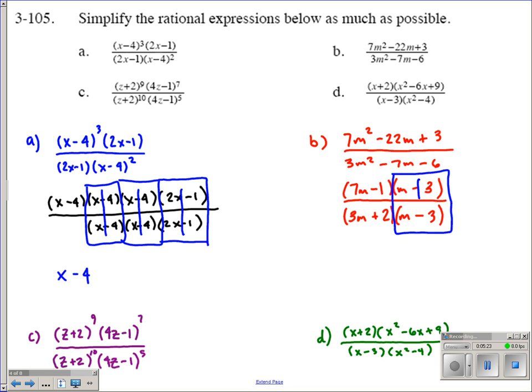So this is the same value as 1. So we have 1 times 7m minus 1, 1 times 3m plus 2. These do not simplify down anymore. So we end up with 7m minus 1 over 3m plus 2. Moving on to problem C.